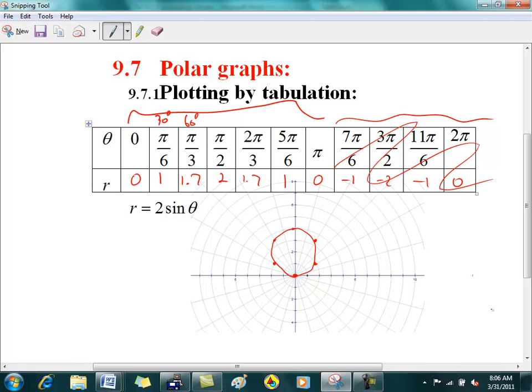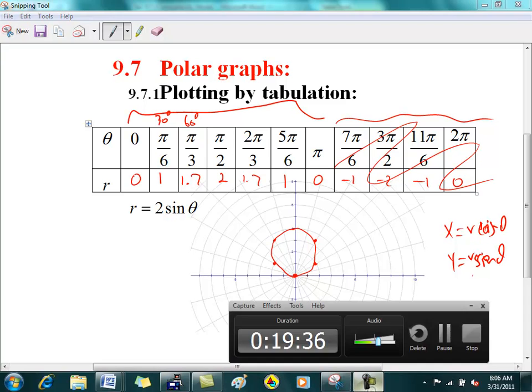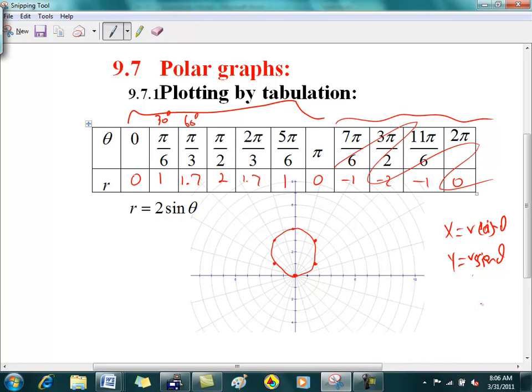How do you go from here to Cartesian, which is what your homework was yesterday? Oops, my bad. The other way. X is cosine and y is sine. That's one way, let's do that.